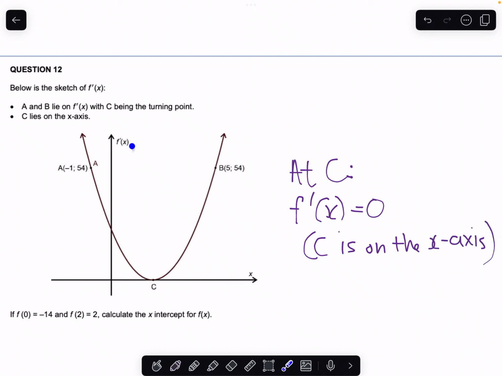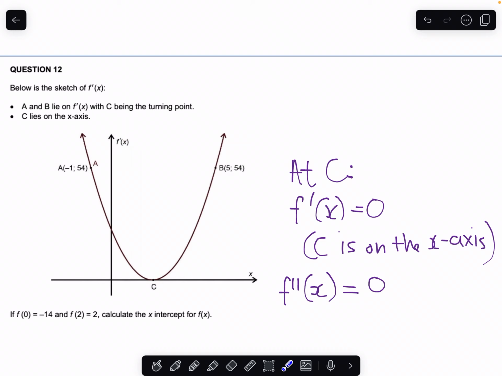So that's the first thing. But the second thing is, we know that the first derivative of this function is equal to 0 there as well, because that is where the turning point of this curve is occurring. And we know that turning points occur when the first derivative of the function is equal to 0.